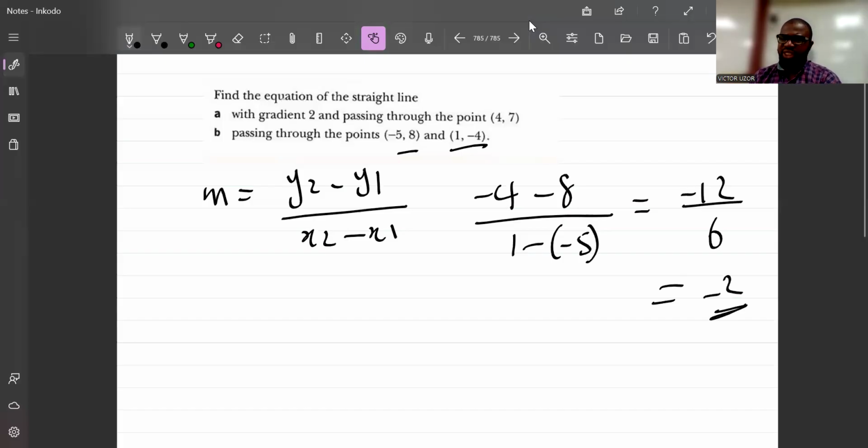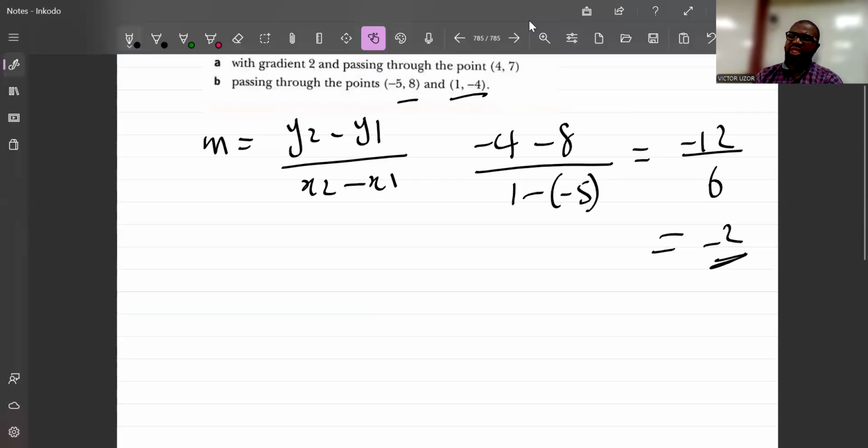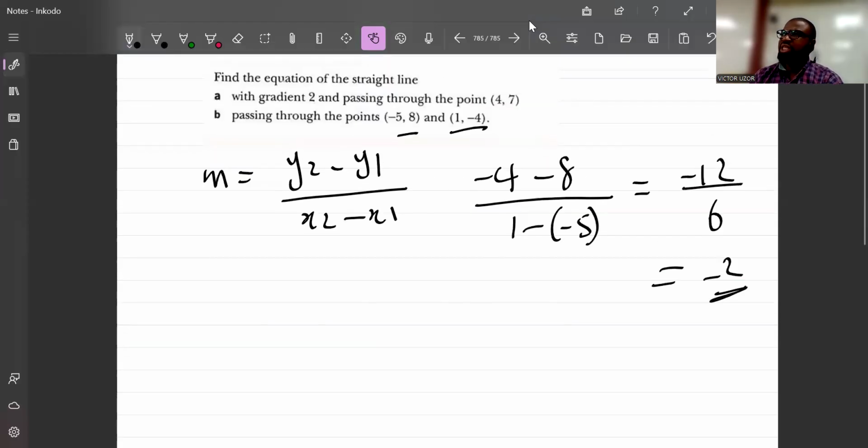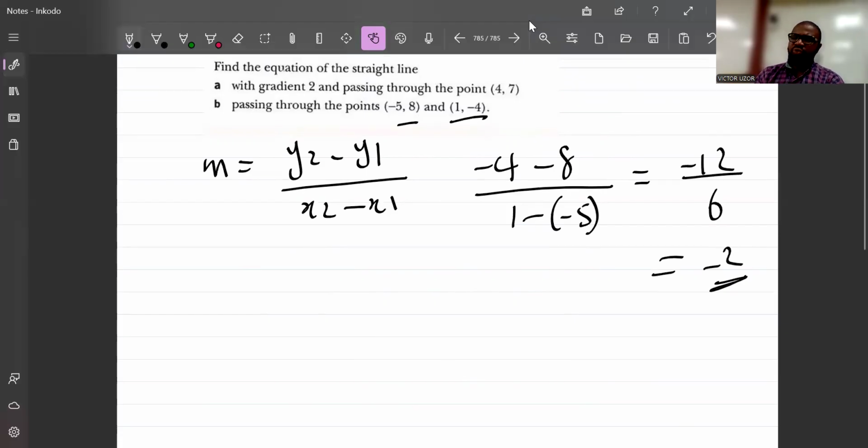Minus 2 will be my gradient. So if minus 2 is my gradient, I can actually use any of the points. Using the 1 point formula again, I'll get the same answer. So if I use any of the points in the 1 point formula, which says y minus y1 equals m, in this case m is minus 2, in brackets x minus x1.